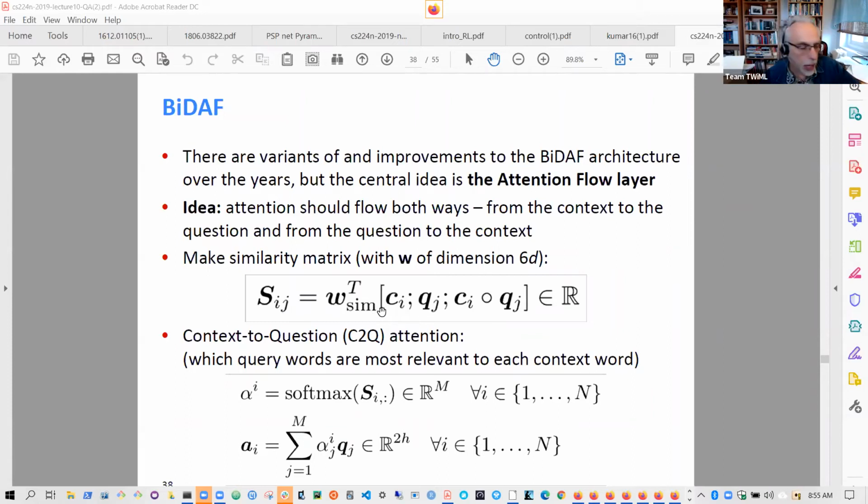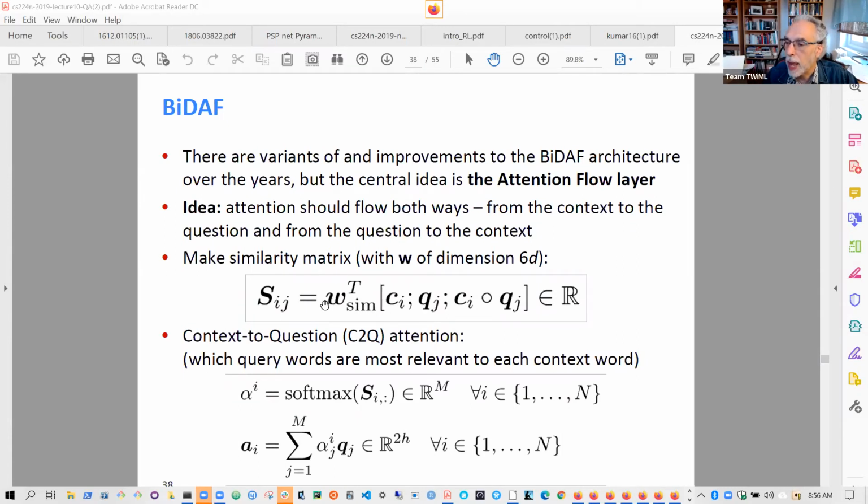So we really didn't say how this W is learned. Your question is a good one. You have to learn this W vector in your neural network.